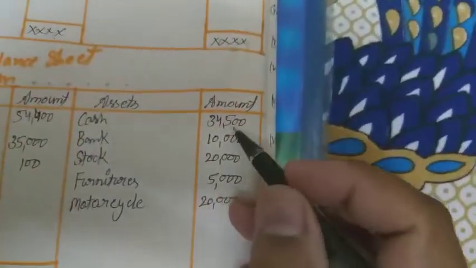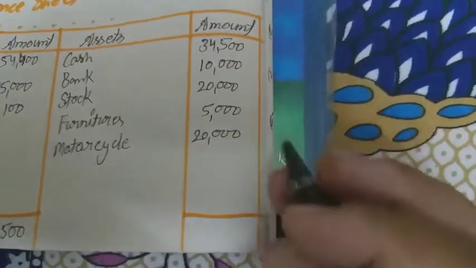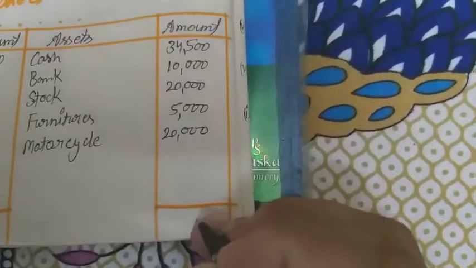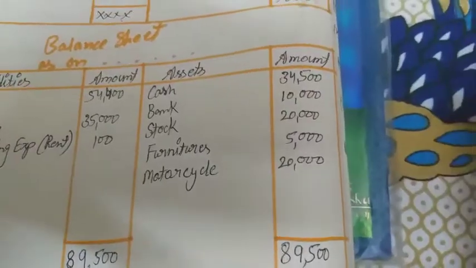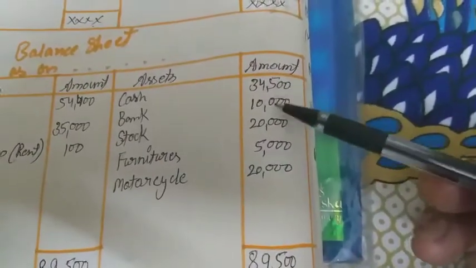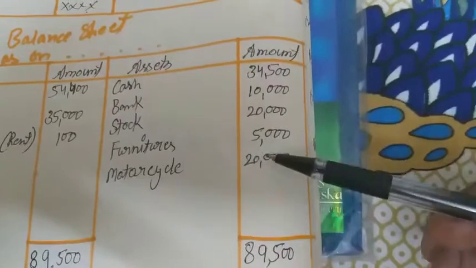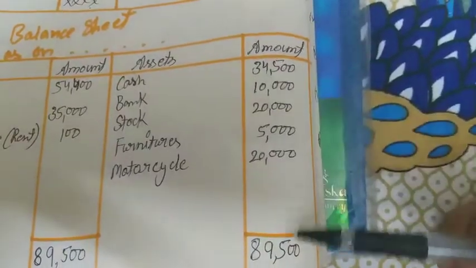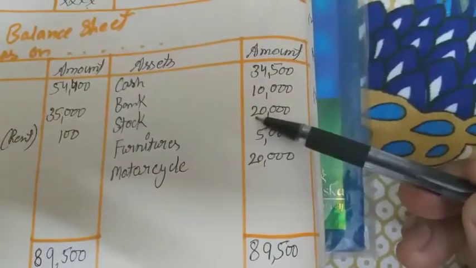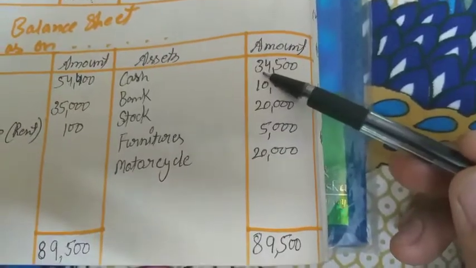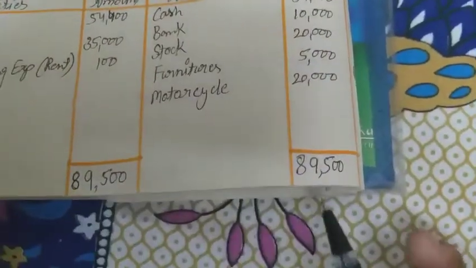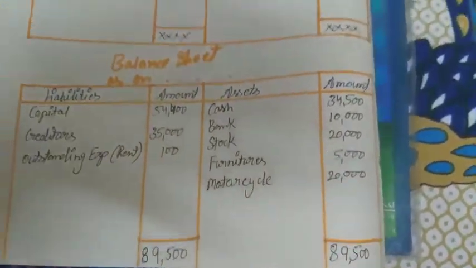So this side 500. If I total this, 5 and then 5 plus 4 is 9, 2 plus 2 is 4, 5 or 3 is 8, so 89,500, 89,500, it is equal.